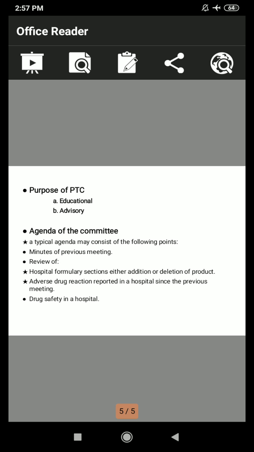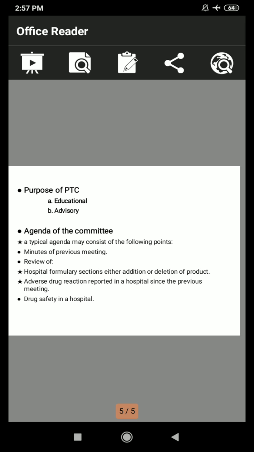In educational, PTC recommends organizing programs, seminars or workshops to furnish the current development on matters regarding drugs and safe use. In advisory, PTC emphasizes implementation of policies laid down for the selection, evaluation and rational use of drugs in hospital.